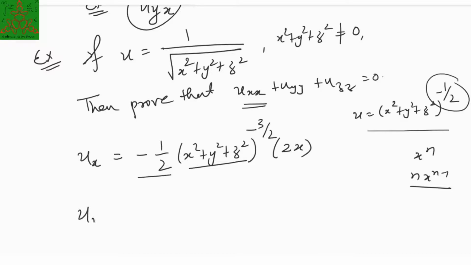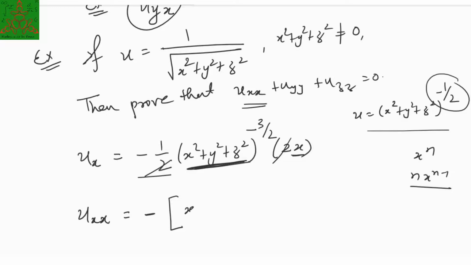Now the derivative of this again with respect to x. If I differentiate this again with respect to x, the 2 cancels out, and I'm taking this minus sign out. You just observe that this is a product of two functions, this function and x. So you have to apply the product rule.